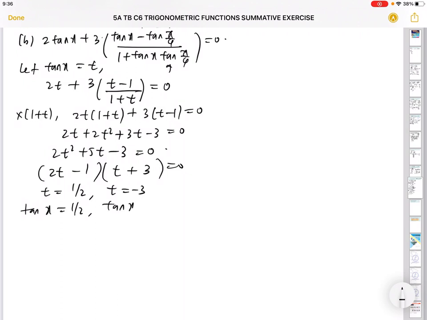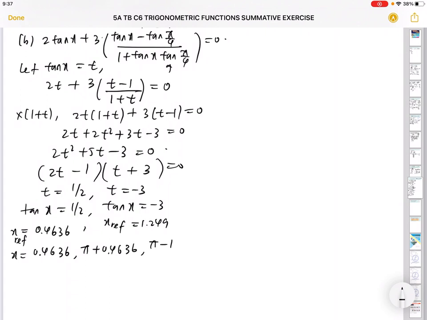Okay, I'll just write. Second one, what's your reference angle? 1.249. So the first one, your tangent is positive, 0.4636, in quadrant 1 and quadrant 3. Second one is negative, so we take quadrant 2, 1.249. Quadrant 2 is here, and quadrant 4 is here, 2 pi minus.